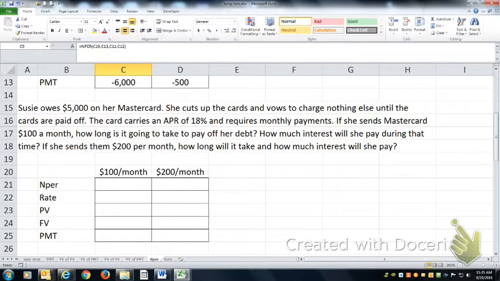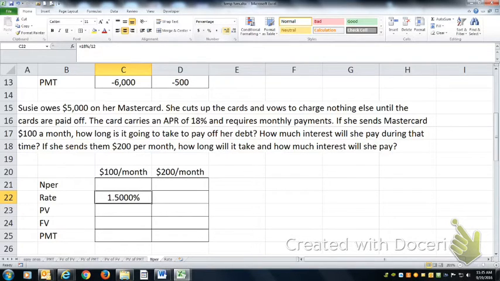Alright, Susie owes $5,000 on MasterCard. She's not going to put anything else on the card. Card has an annual percentage rate of 18%, requires monthly payments. Okay, well, if it's 18% per year with monthly payments, that's 1.5% per month.